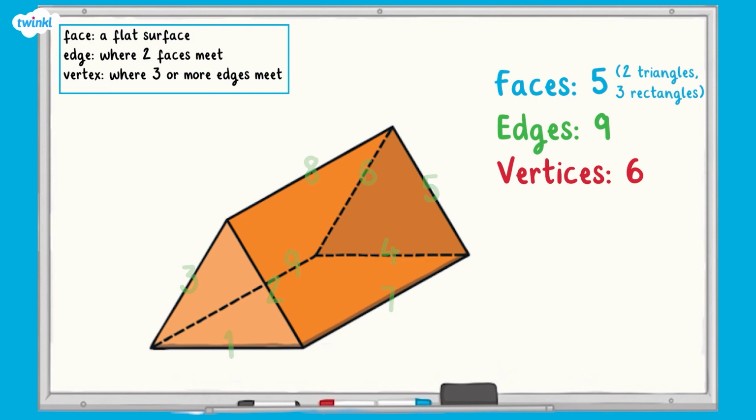And finally for the vertices, again starting with the ones we can see. 1, 2, 3, 4, 5, 6. If you're using 2D representations of 3D shapes, jottings on the picture can help you to remember which ones you've already counted and to make sure you count all of the faces, edges and vertices, even if you can't see them in the picture.